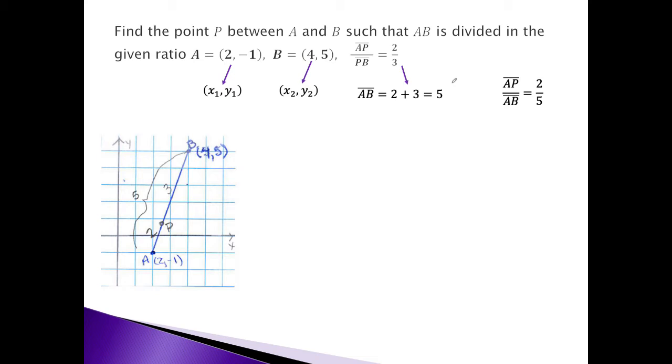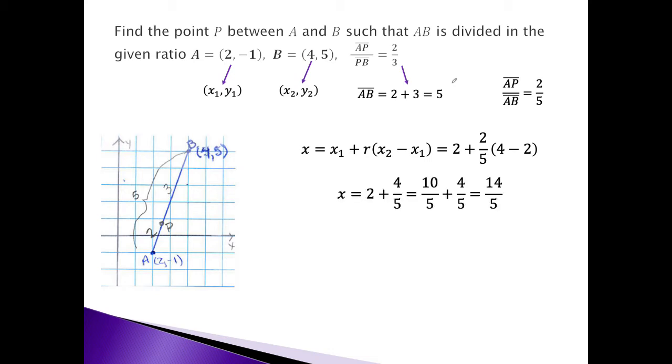Now I can set up the equation for x. X equals x1 plus r times (x2 minus x1). So that gives me 2 plus 2/5 times (4 minus 2). When I simplify that, I have x equals 14/5.